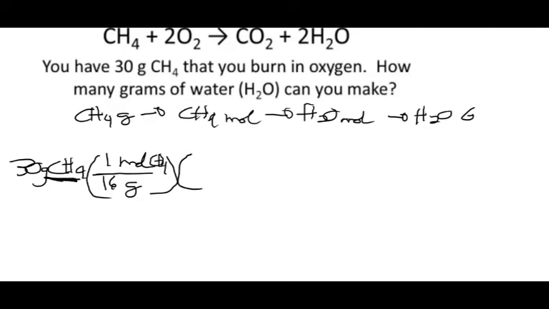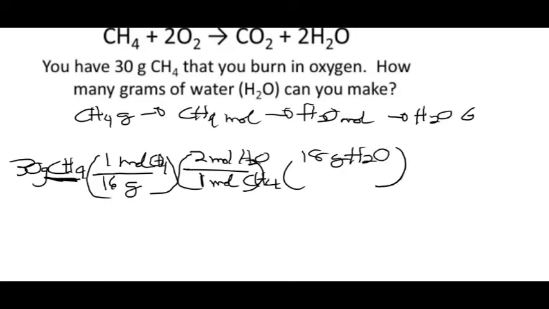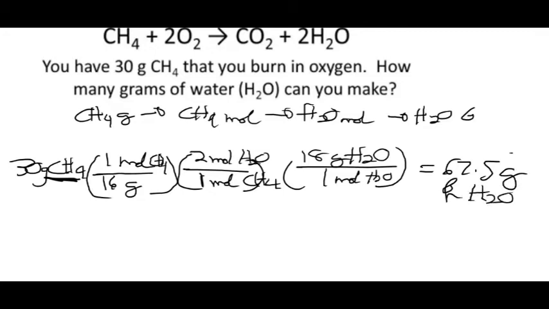Times, ilan ang hydrogen natin? 2. 2 moles of water divided by 1 mole of CH4 times 18 grams of water divided by 1 mole of water. So, what would be our final answer? Would be 67.5 grams of H2O. There you go.